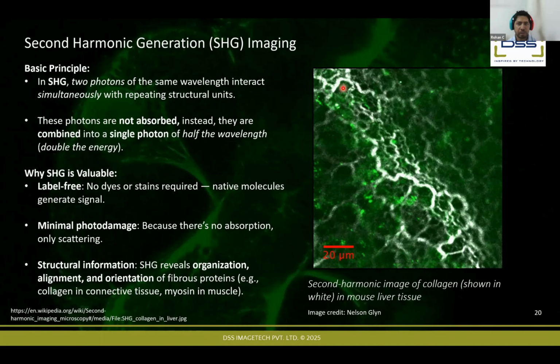So second harmonic generation can be paired with fluorescent labeling. For example, if you have GFP or mCherry labeled laminin, and then you have collagen with second harmonic generation, you can visualize the different localization patterns or the morphologies using this approach.